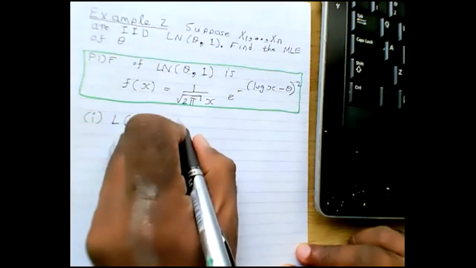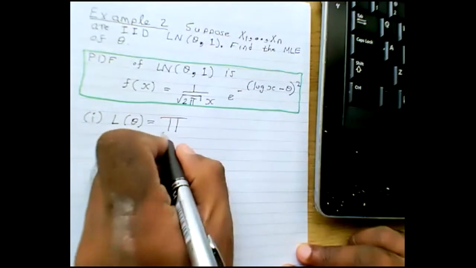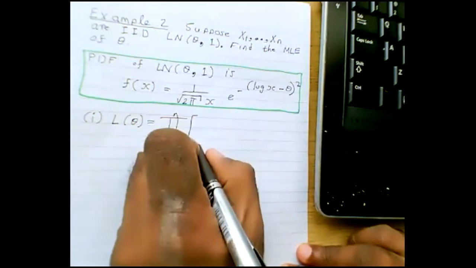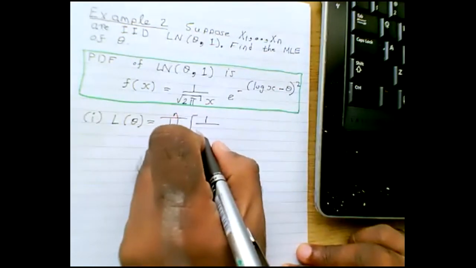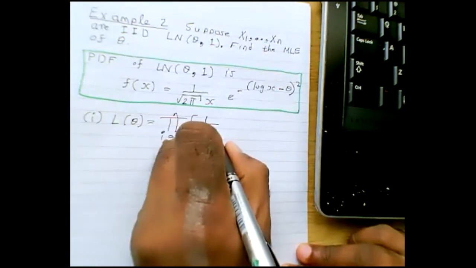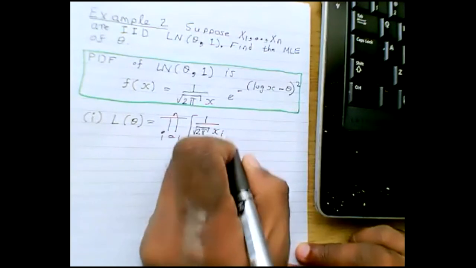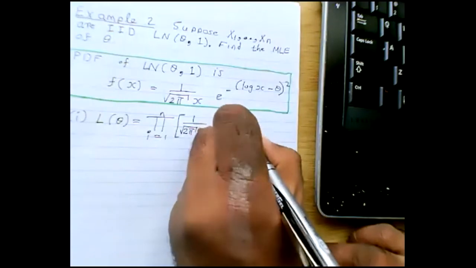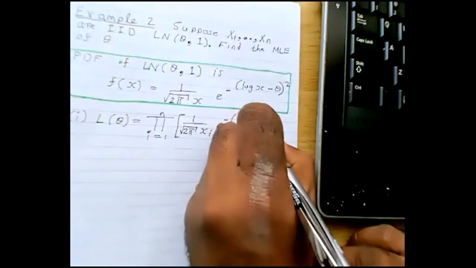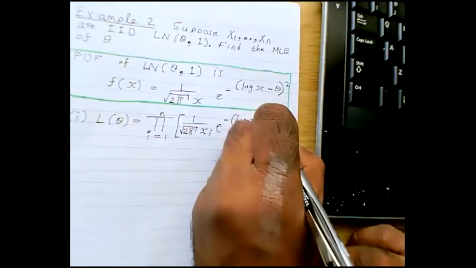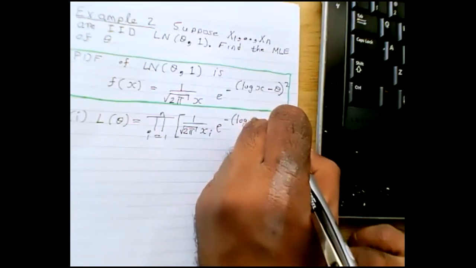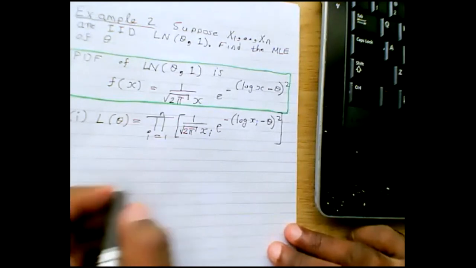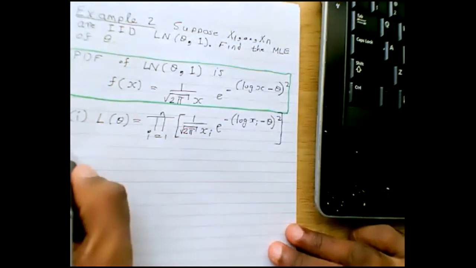which is the product of this times this. Now, if you take the product of this, this is what you will get.